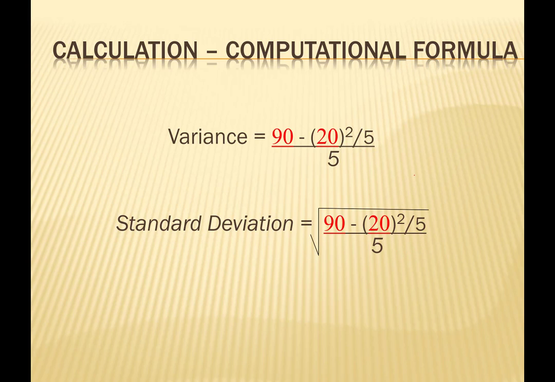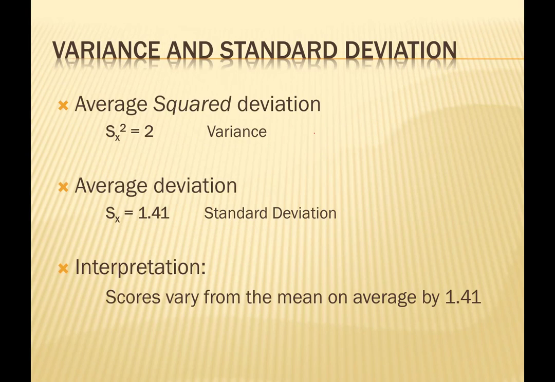And then it's square rooted for standard deviation. So when you take 20 squared divided by 5 and subtract from 90, it becomes 10 over 5, which becomes 2. And when you square root, it becomes 1.41. So same numbers that we saw earlier.